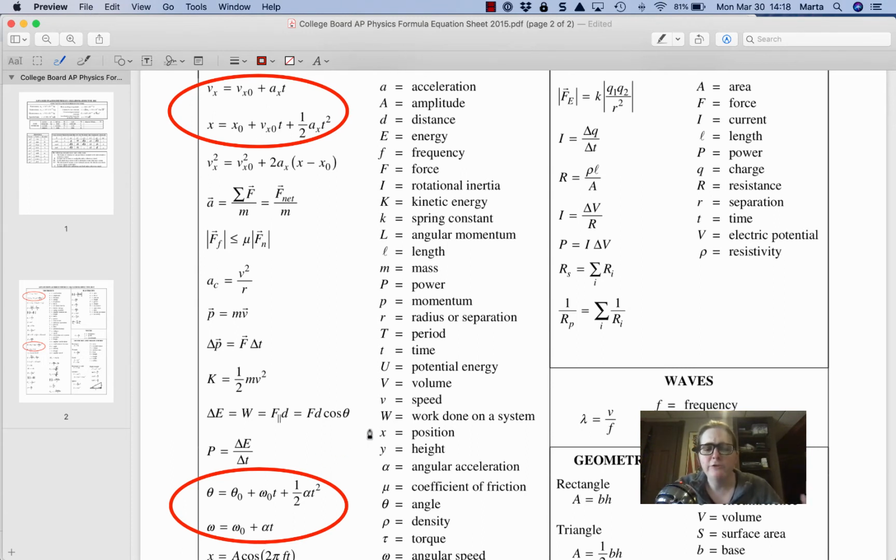And so these aren't truly new equations. We're using different variables so that we can represent angular motion instead of linear, but those relationships are still the same.